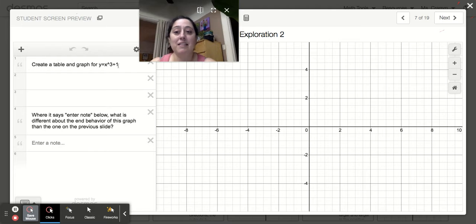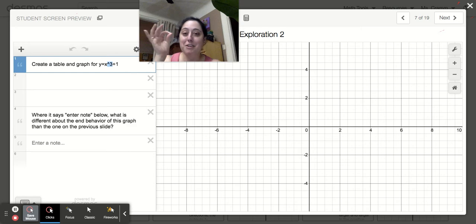Okay, this is exactly the same thing, except this is x to the third. So think about it in your head right now. What is the end behavior of this graph if it's x to the third? Okay, I am not going to create the table.